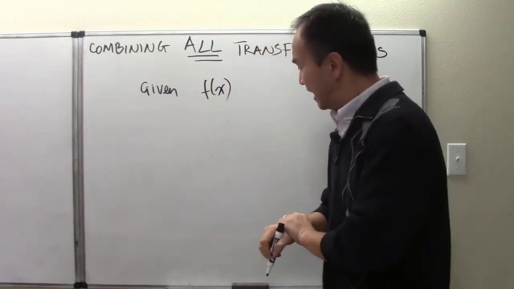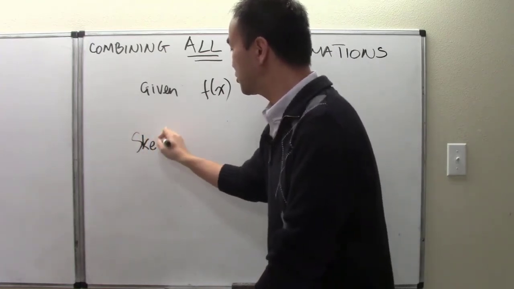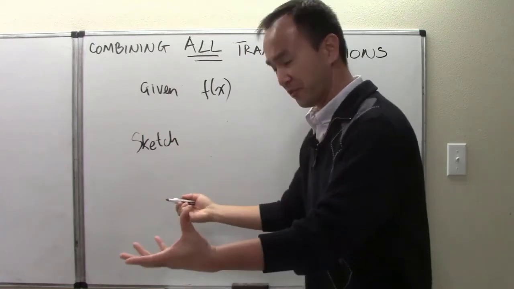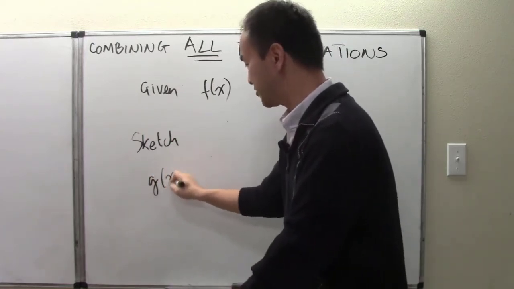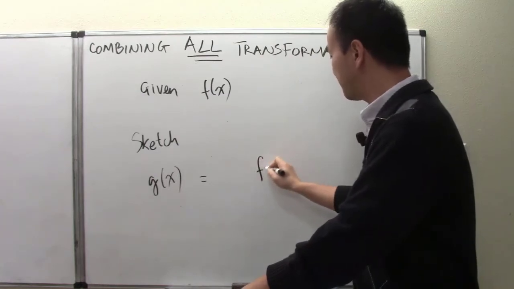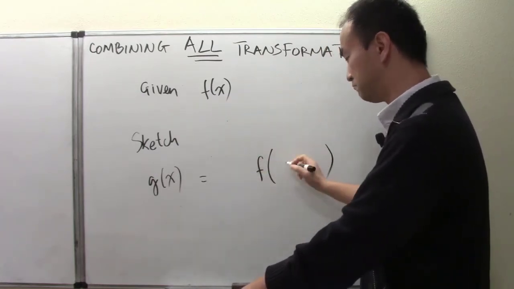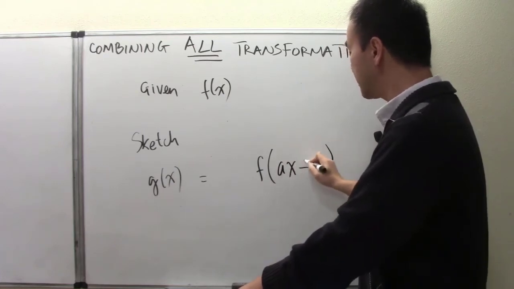Anytime you are asked to sketch a function g of x, in the form of the function f of x, the parent function here, but which contains some linear expression.